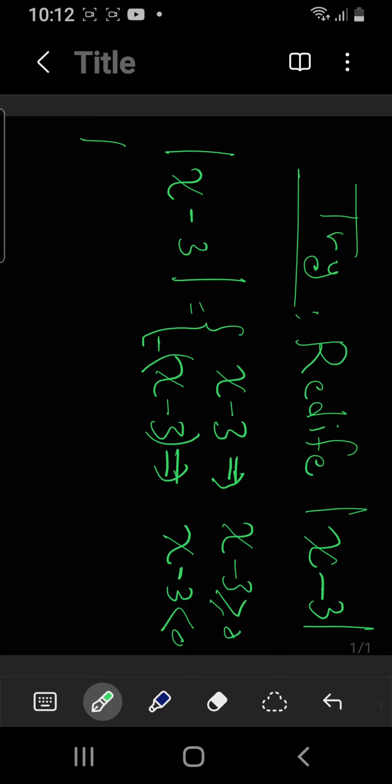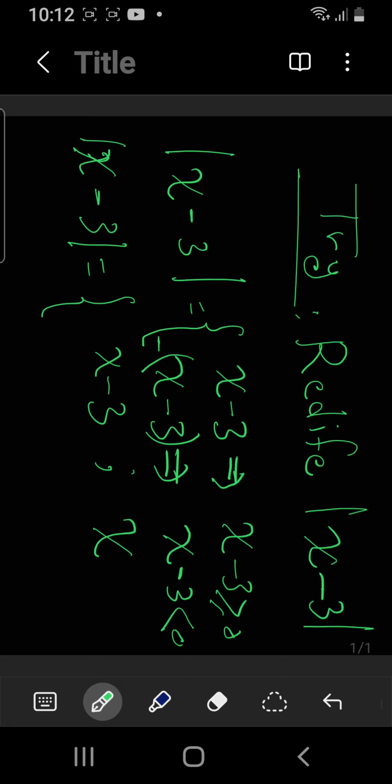And we have x minus 3, so x bigger than or equal to 3, because we transfer 3 to the other side, it will become 3.